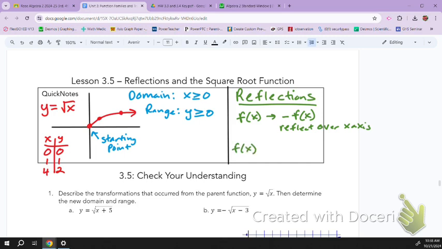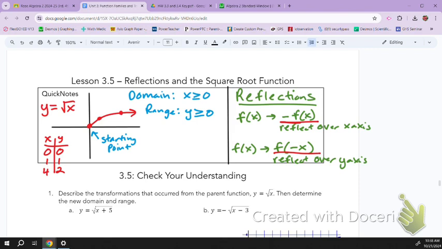I could take my original function and change all the inputs so that they're negative, which would cause your graph to reflect over the y-axis. So I think it's special to note, where is this negative sign? In the first one, it's on the outside of the function. In the second one, it's on the inside of the function, which causes a different reflection. So we're either reflecting over x or over y. And that last one, you guys saw we did both.